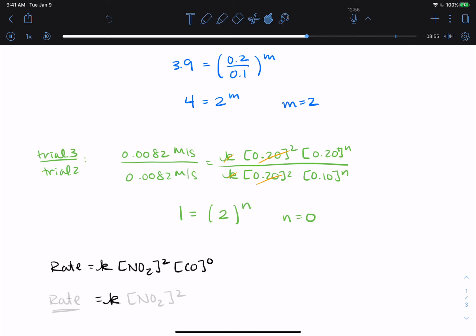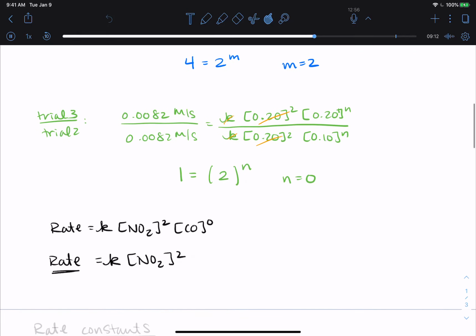So it's just the rate, and you just write out this entire word when you're reporting the answer, is equal to the rate constant times the concentration of NO2 squared. So this is a mathematical way that you can calculate the rate law order for any of the components of a reaction.